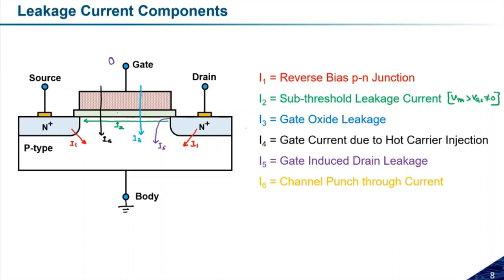There may be some current flow between the source and drain without a channel. Because the technology node is very small, L will be very small, and if L is small, there may be some current flow between the source and drain. Because of that we call it the channel punch through current, and this current is I6.